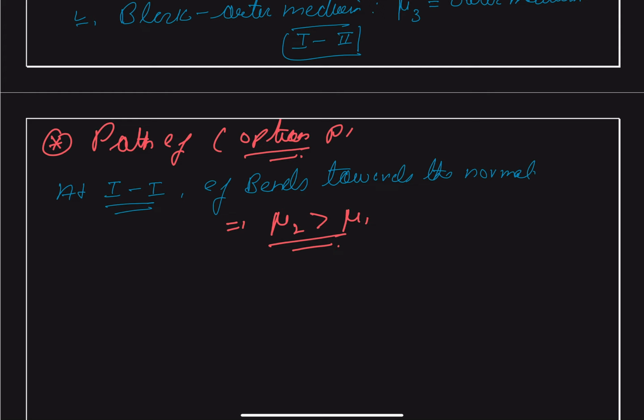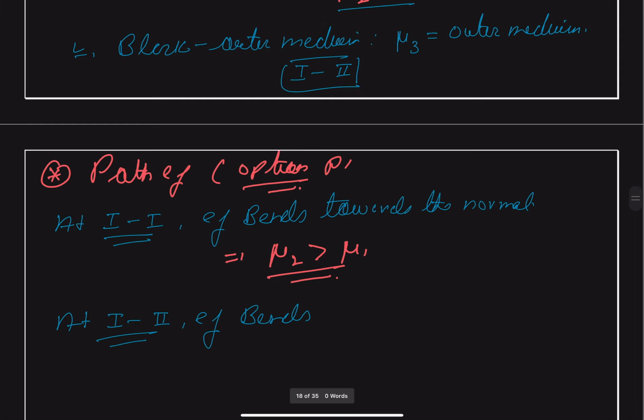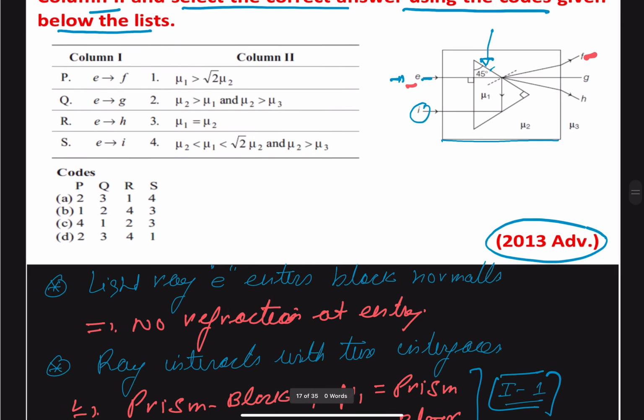And at interface 2, this EF bends away from the normal.